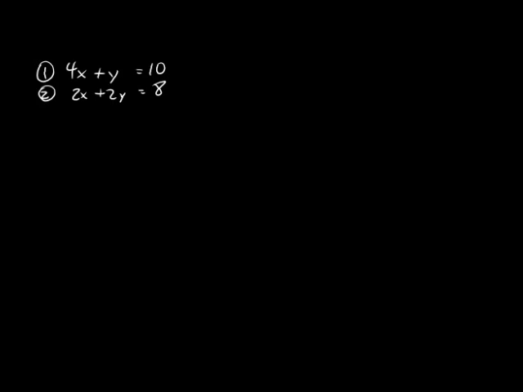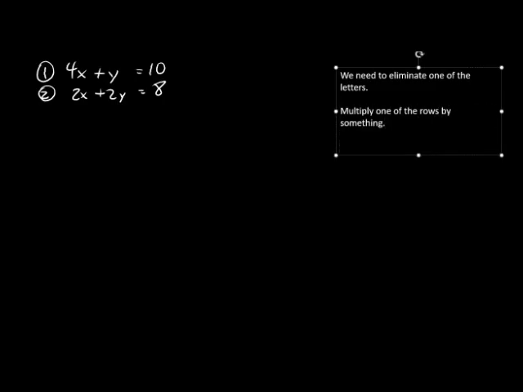We're going to have to make another change because our goal is going to be to eliminate one of the letters. In order to eliminate one of the letters, we're going to have to try to cancel them out somehow. So what we'll have to do is multiply one of the rows by something that allows them to cancel out. We'll also need to pick a letter that we're going to try to cancel out.